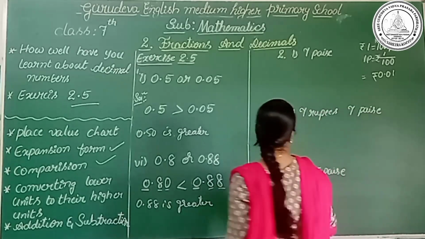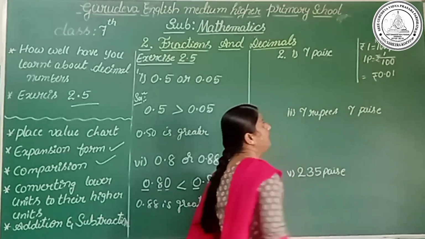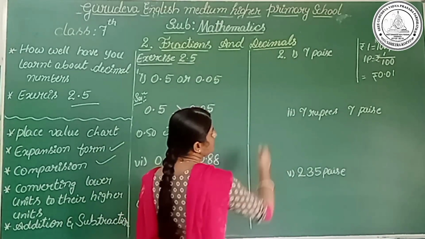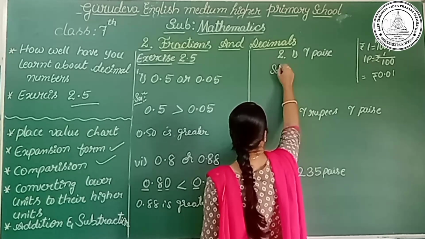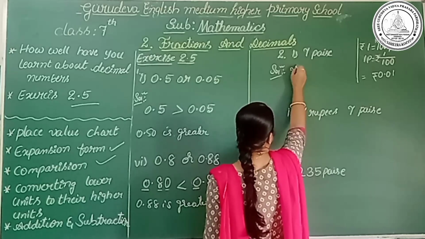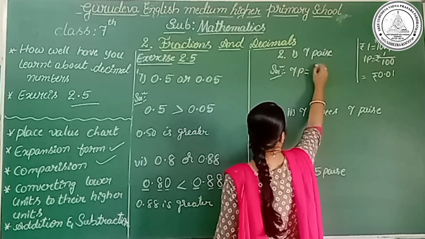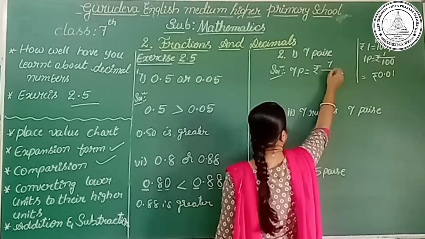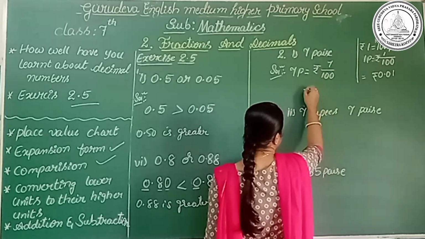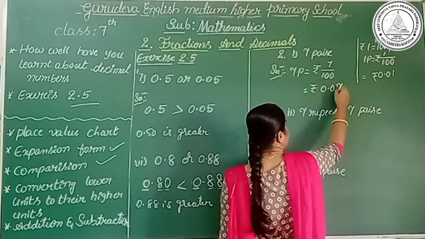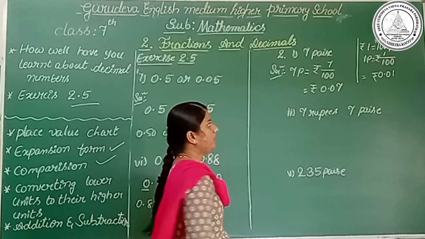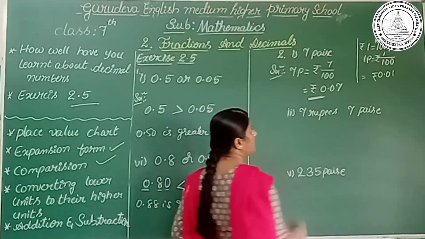Okay, so you may write this on the right side. In the solution, 7 paisa is equal to how many rupees? 7 paisa is equal to 7 by 100 rupees, which in decimal form is 0.07.